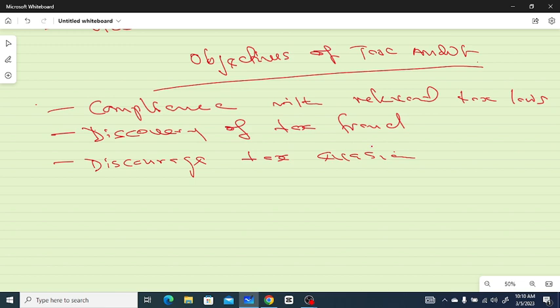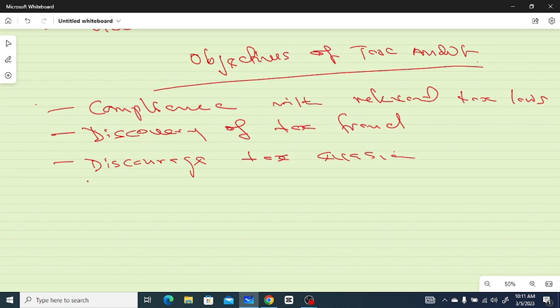This means that if a taxpayer refuses to comply with the tax laws and the tax authority is not carrying out tax audit, that taxpayer will continue. But when the tax authority is carrying out tax audit, there is no room for that taxpayer to carry out tax evasion.